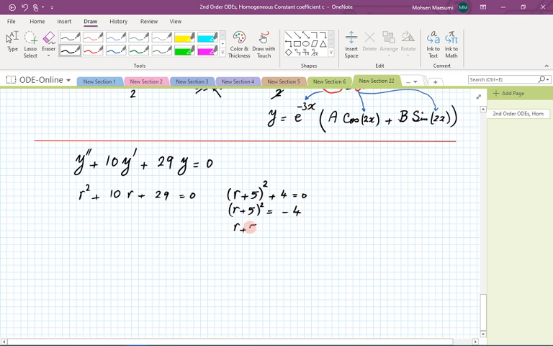So r plus 5 becomes plus or minus the square root of minus 4, which we are advised to write as 2i. So r becomes minus 5 plus or minus 2i. Therefore, our solution becomes exponential of minus 5x times some multiple of cosine of 2x and some multiple of sine of 2x.